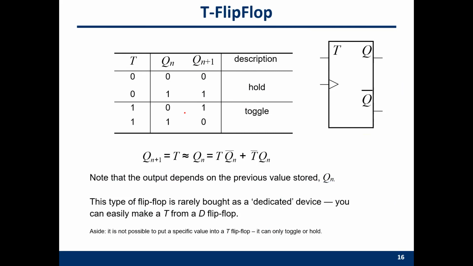If it's 1, then it will change to 0. So we can rewrite the relationship between the Q value in n cycle and the Q value in n+1 cycle like this, by this Boolean algebra.